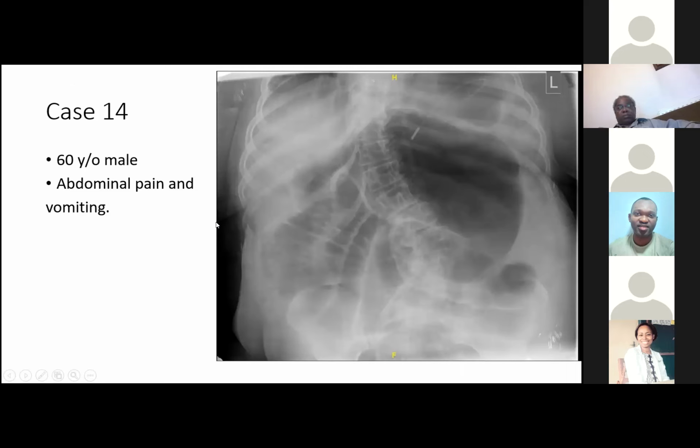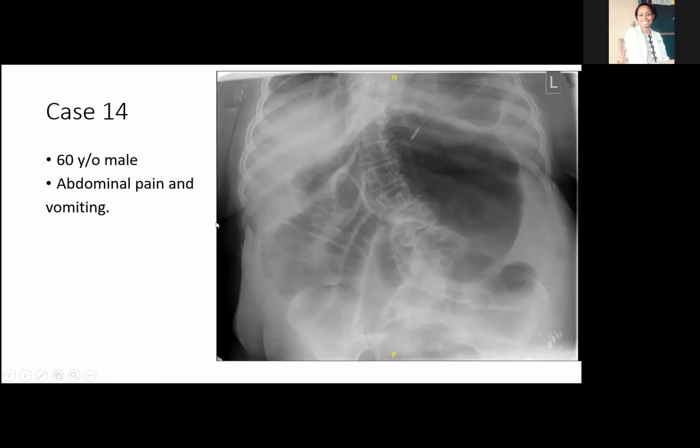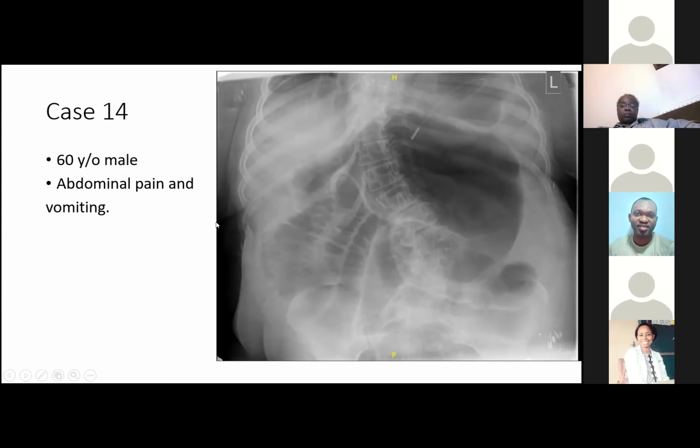If you've got a nasogastric tube, that makes your life easy, because you can roughly trace the outline of the stomach. Once you've done that, if you see a large gas-containing structure that is not the stomach, the only option remaining is colon. So it's going to be sigmoid colon, transverse colon, or cecum.